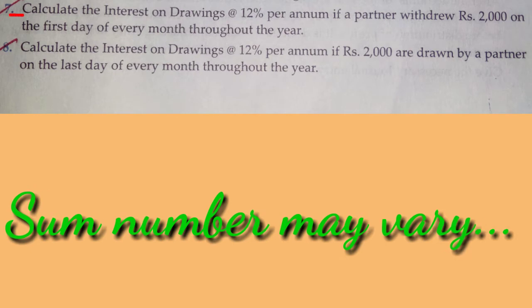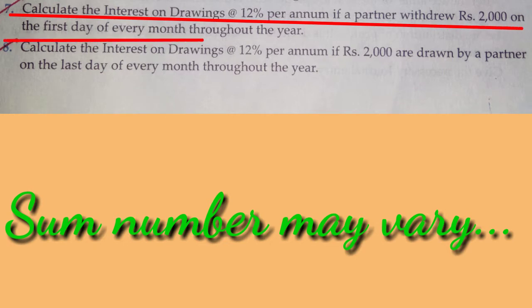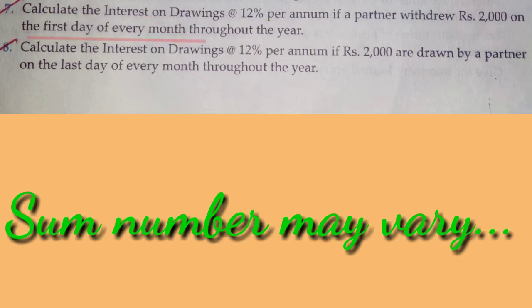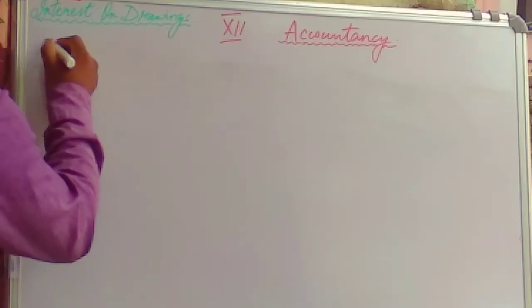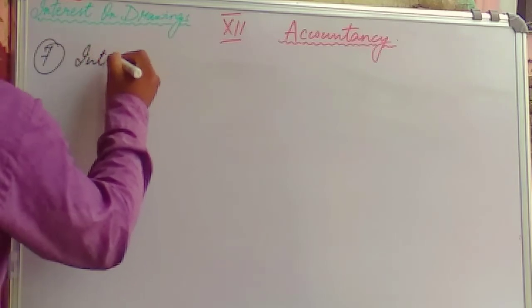So in the sum, calculate the interest on drawings at the rate of 12% per annum if a partner withdrew rupees 2000 on the first day of every month throughout the year. So in this sum we have to calculate the interest on drawings.